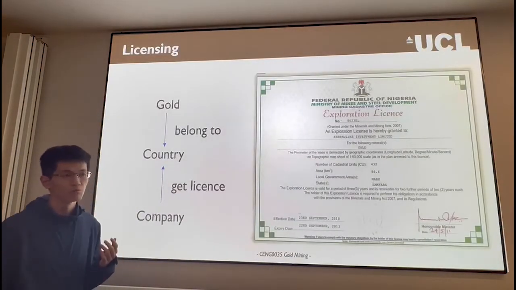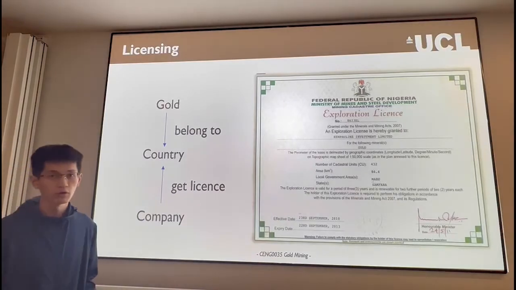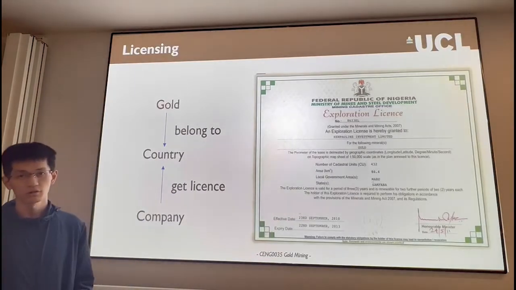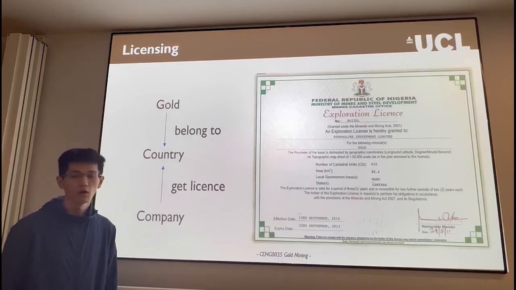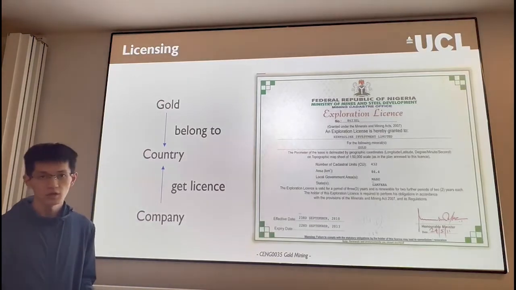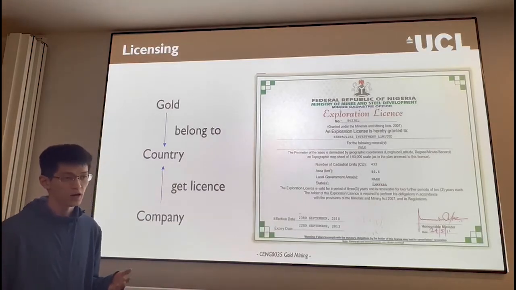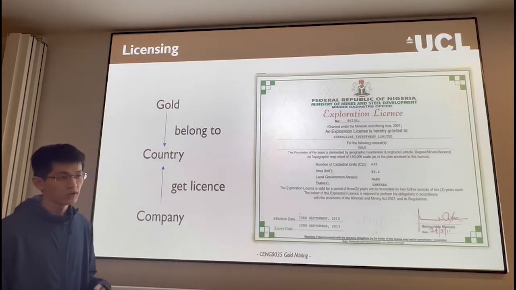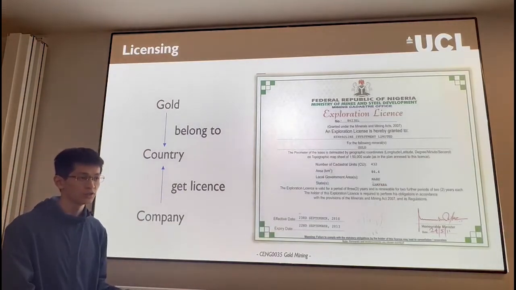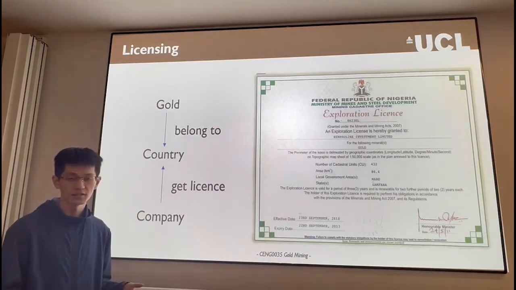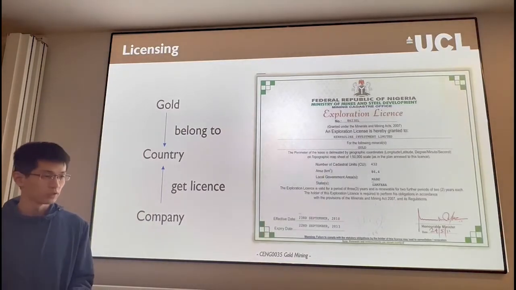So although the profit margin of gold is quite large, it's not easy to enter this sector. Although every country has their own laws, basically gold belongs to the country where it is located. So if a company wants to mine in a country, they have to get a license from the local government.